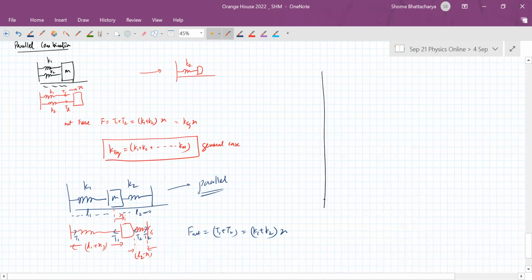So let's also work out a quick example based on this. So typical kind of SHM example. So we have connected 3 springs to a block like this.